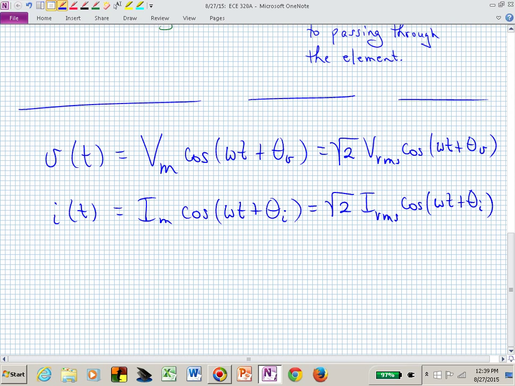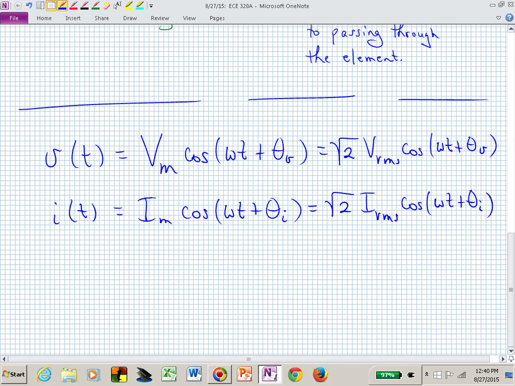And you're all aware that a lot of times we get sloppy with how we refer to omega t and theta. They may not have the same units. We like to think in degrees, and a lot of times we will have theta sub v or theta sub i as 30 degrees and 50 degrees, for example. Yet omega is in radians per second and t is in seconds, so inside that argument we have radians plus degrees.